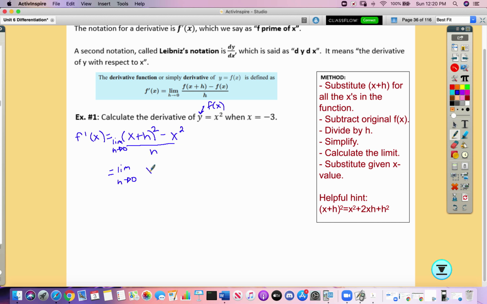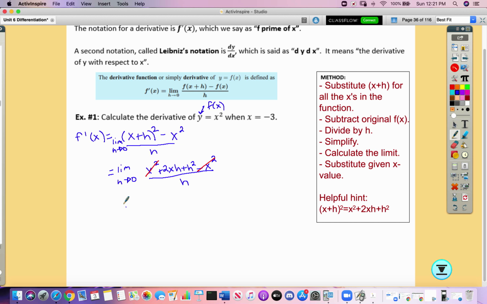So we get x squared plus 2xh plus h squared minus x squared in the numerator, all divided by h down below. And what you're going to notice is some stuff is going to cancel out because x squared minus x squared is 0. So what I have left here is 2xh plus h squared.